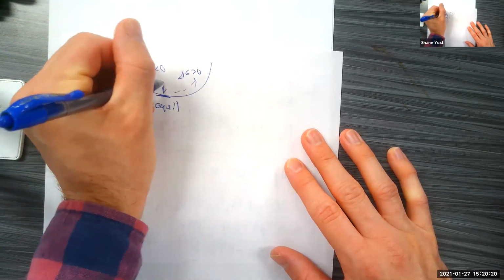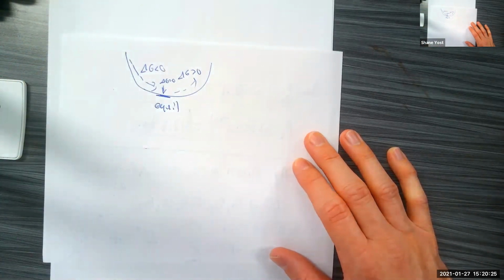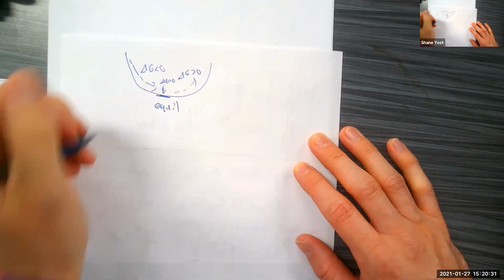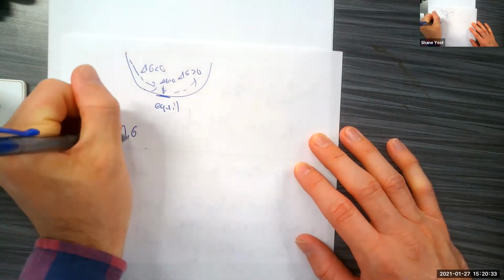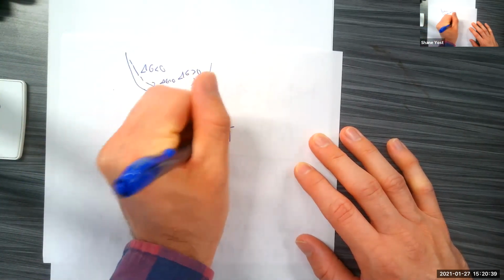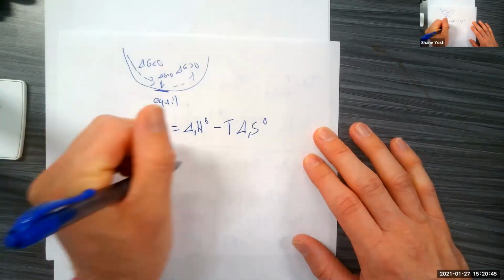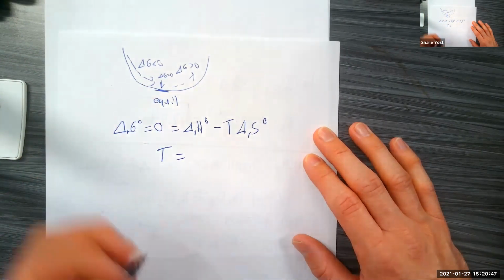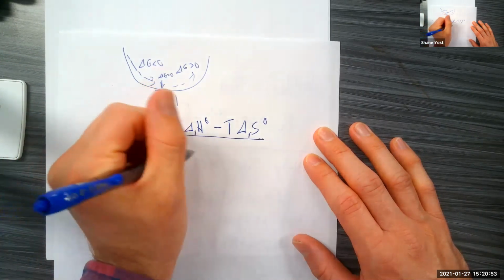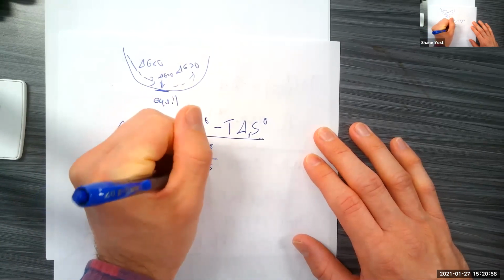I reach a point where delta G equals 0 and I reach equilibrium. So my reaction will change from being spontaneous to non-spontaneous when it passes through delta G equals 0. If I solve for delta G of the reaction equaling 0, which equals delta H of the reaction minus T delta S of the reaction, then the temperature at which I transition between spontaneity and non-spontaneity is just equal to delta H of the reaction divided by delta S of the reaction.